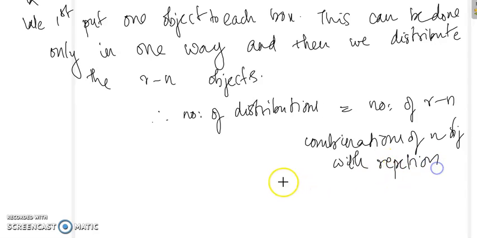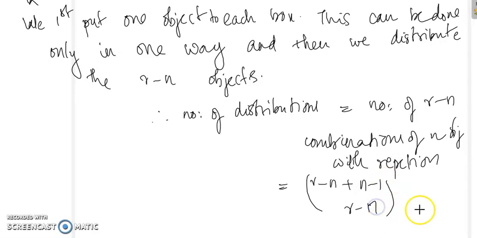So that will be equal to r minus n plus n minus 1 C r minus n. So that will be equal to r minus 1 C r minus n. So we need to arrange the remaining r minus n objects in n places with repetition allowed. So that can be done in these many ways.